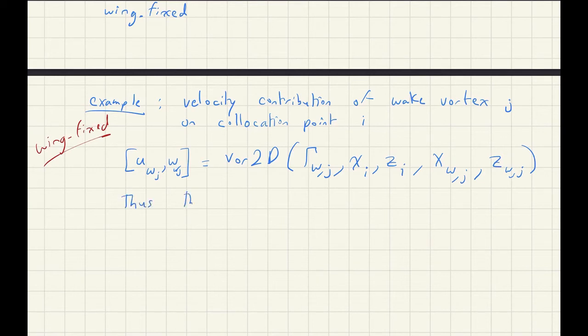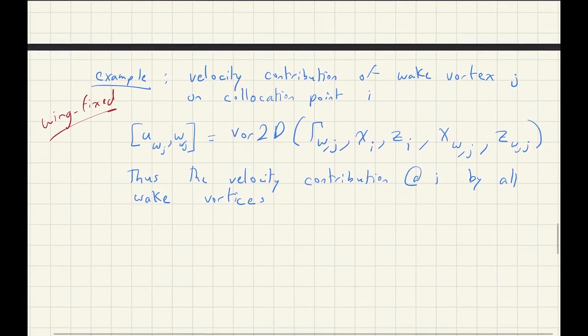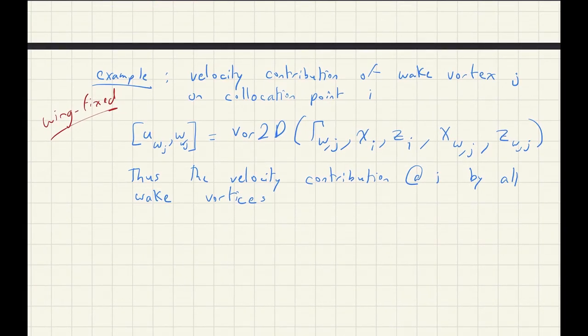Thus, the velocity contribution at the collocation point I that we're talking about by all the wake vortices. So we find the velocity induced at the collocation point of interest due to the entire wake, except for the newly shed vortex, because we don't know the strength of it yet.